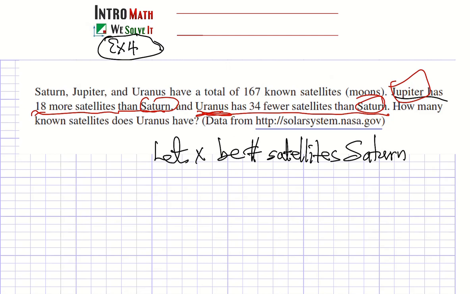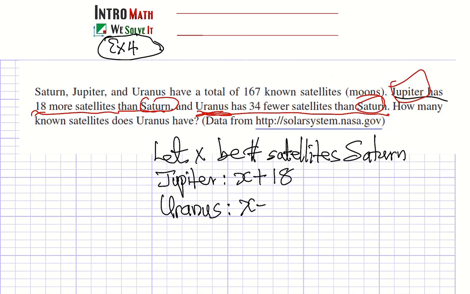Anyway, I'm just joking. So if that's the case, they say Jupiter has 18 more. So that means Jupiter has X plus 18. And then they say Uranus has 34 less, X minus 34. That's all that is saying, man.